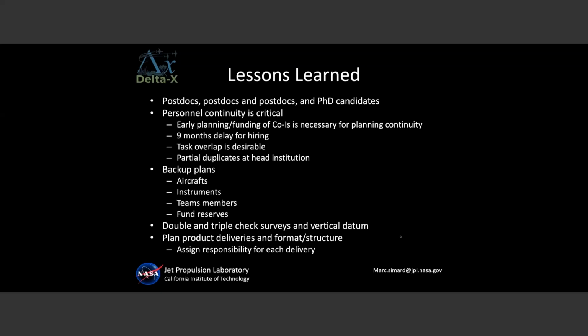Somebody has to be able to take over when someone leaves. Having partial duplicates at the head institution, in this case JPL, is really important to keep everything running smoothly. Having backup plans for aircraft, instruments, team members, and of course fund reserves is also very important.